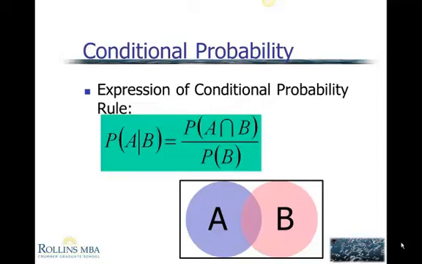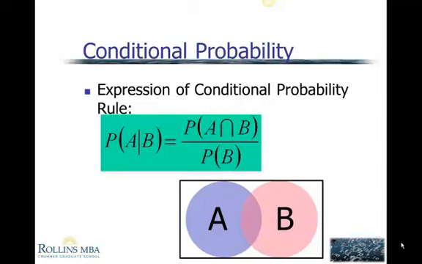If we say given B, that means we know we're in that pink circle labeled B. So if we know that the person is female, then what's the probability of them being also a Coca-Cola drinker? What's the probability of A, being a Coca-Cola drinker, if we know that the person is female?